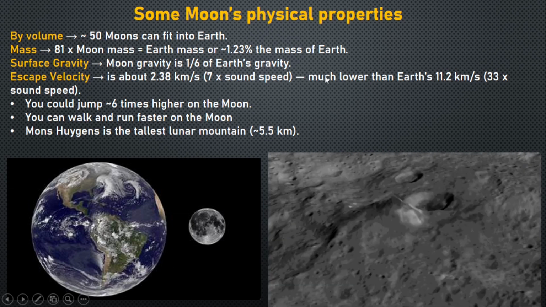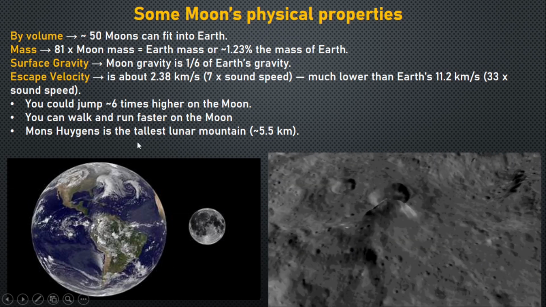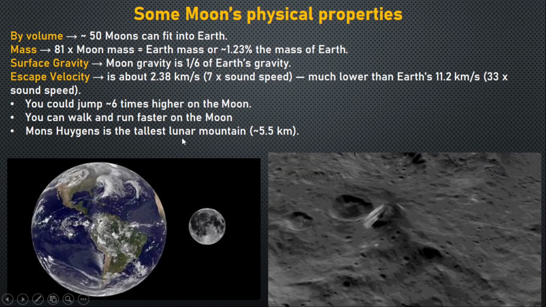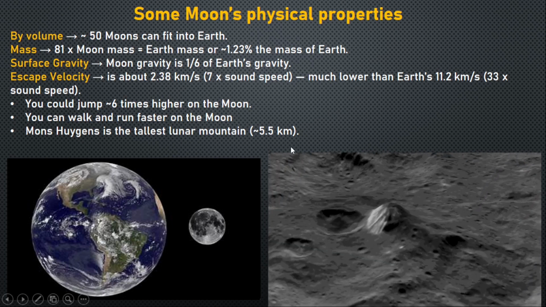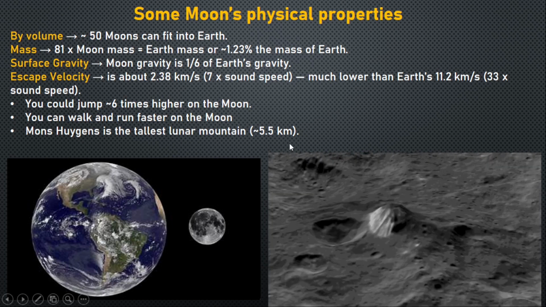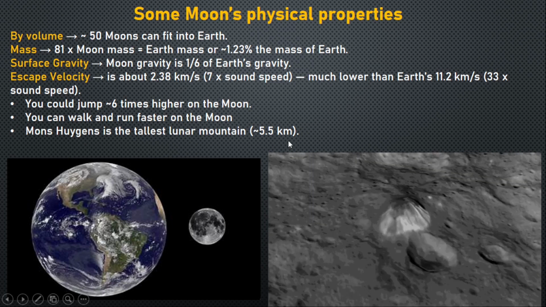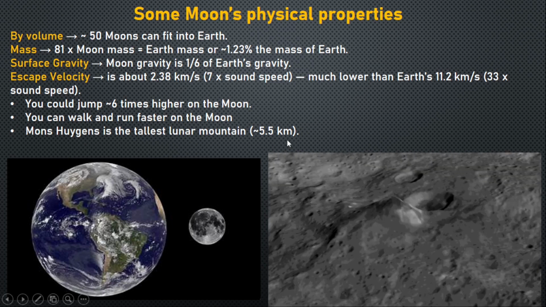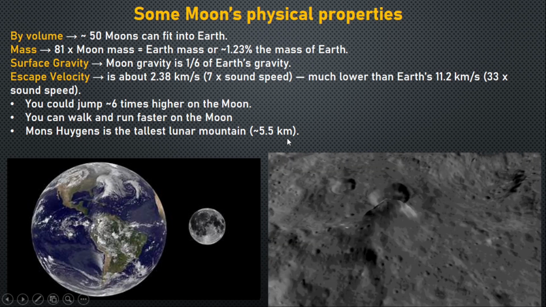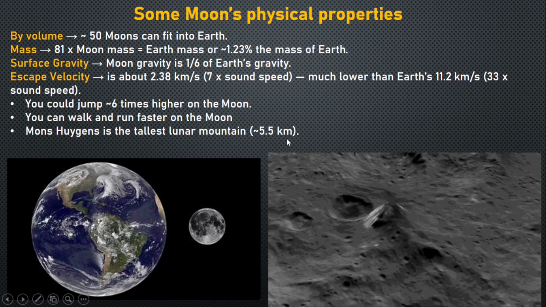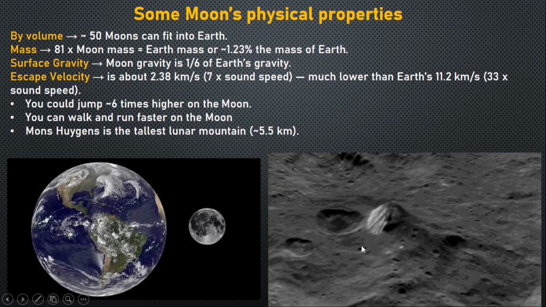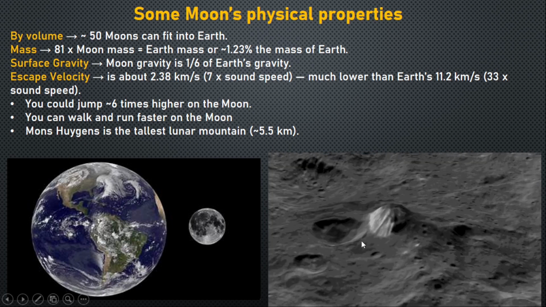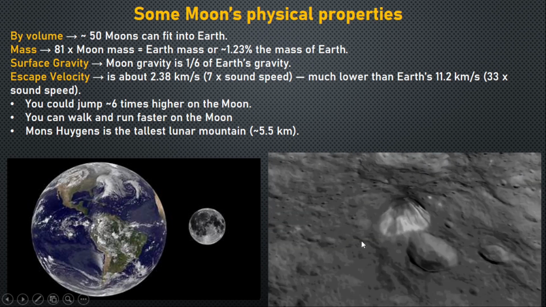Also, the tallest mountain on the moon is called Mount Huygens. It has a height of 5.5 kilometers. Although Mount Everest, the tallest mountain on Earth, is taller than it, the moon has a lot of tall mountains because of this low gravity.